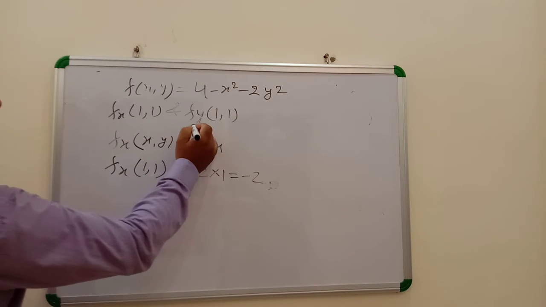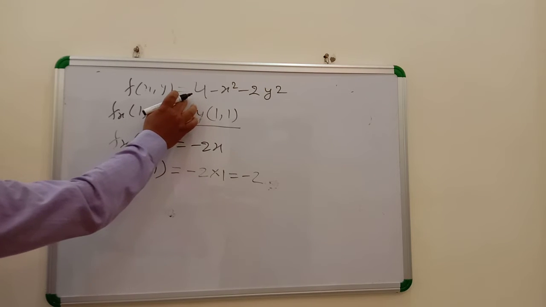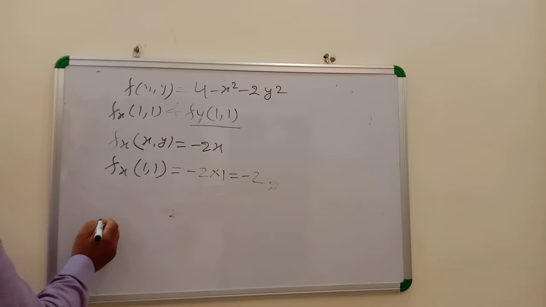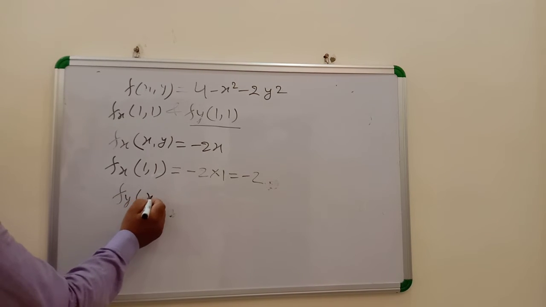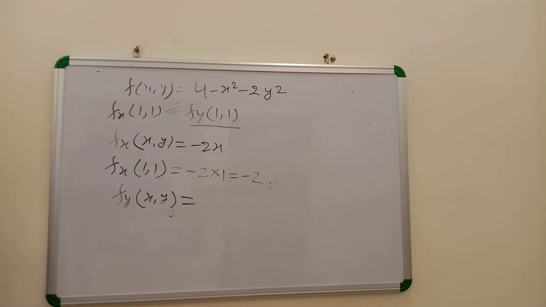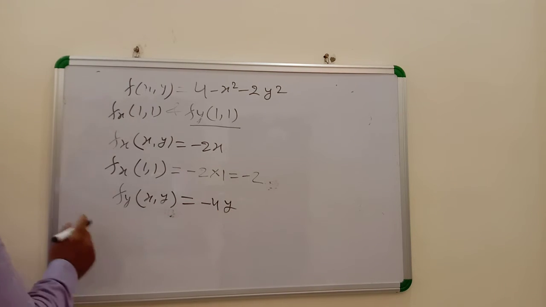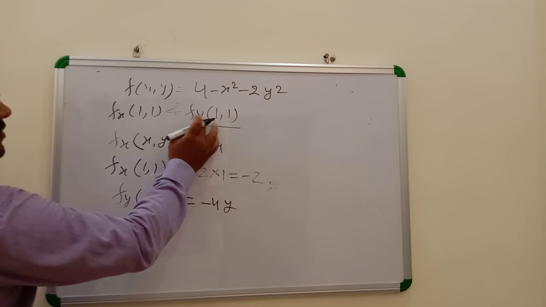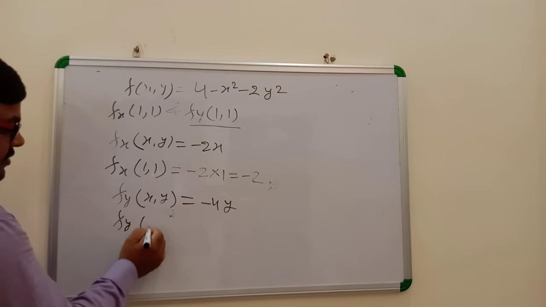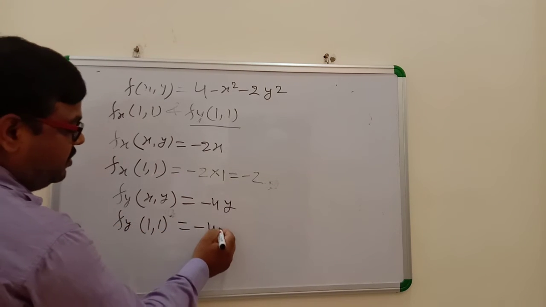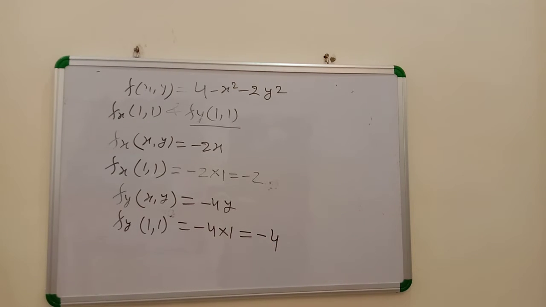Similarly, if we want to find f_y(1,1), then differentiate this function with respect to y, treating x as a constant. Hence, f_y(x,y) is equal to minus 4y. And to find f_y(1,1), put 1, 1 in place of x and y. And this is equal to minus 4 into 1, that is minus 4.